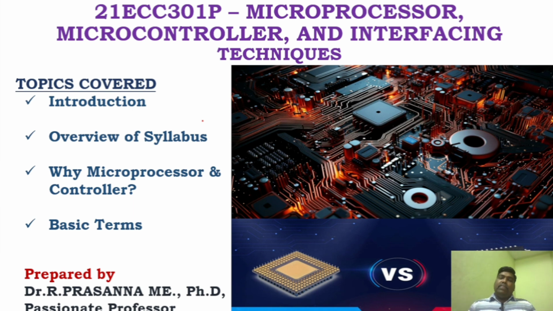That's because if you take microcontrollers, you will have a lot of applications. Microcontroller is used in almost all electronic gadgets right now, it may be your mobile phones or any electronic devices. Even microprocessors, in all computers you have a microprocessor. So that is why, as an electronics and communication engineer, it's very important you should learn about this particular subject.